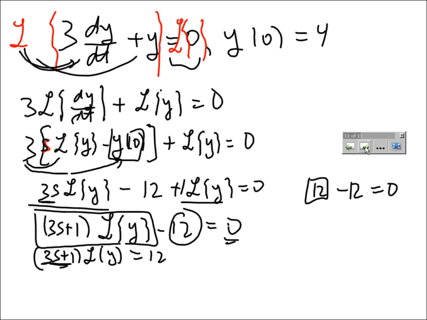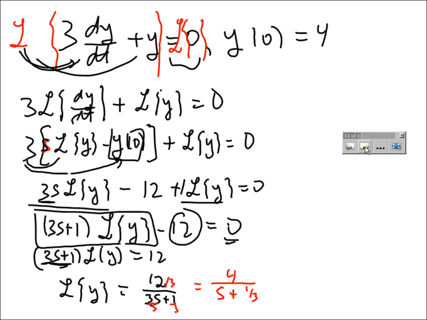Dividing by this number, we learn that L of y is 12 over 3s plus 1. Now, I never took L of anything and had 3 s's in the bottom. There's always 1 s. So you know what? I'm going to divide every term by 3. 12 over 3 is 4, 3s over 3 is s, plus 1/3.